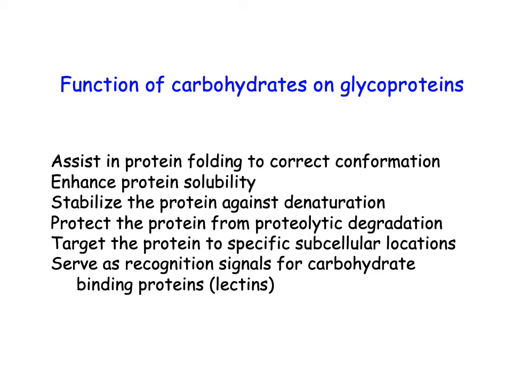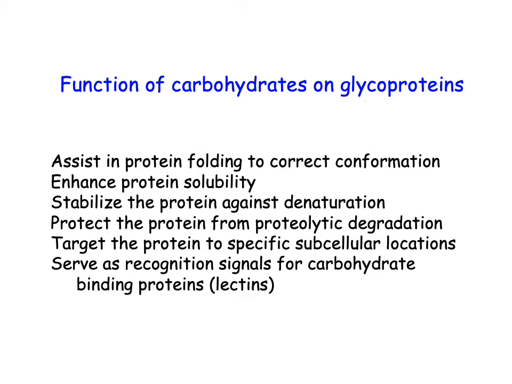They can also serve as recognition signals for carbohydrate binding proteins such as lectins. And also, what our bodies or our immune system sees when it sees a bacteria is generally carbohydrate. And that is going to be much more immunogenic than the protein probably.